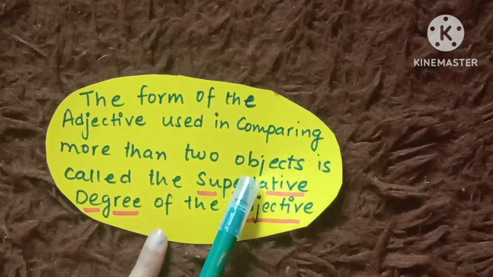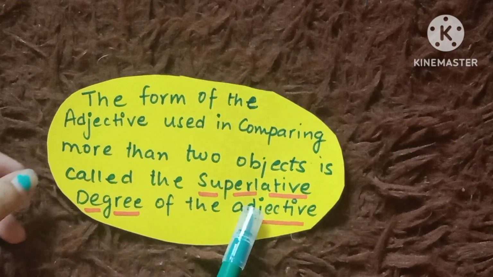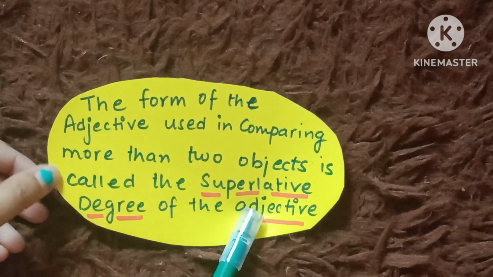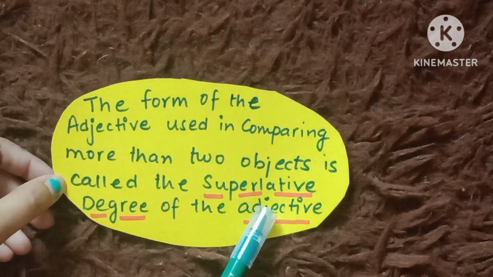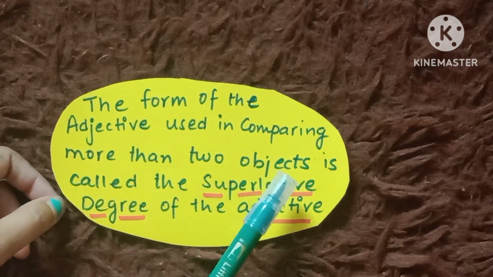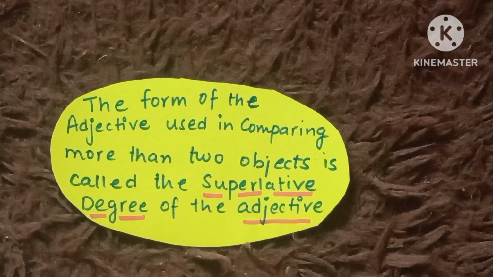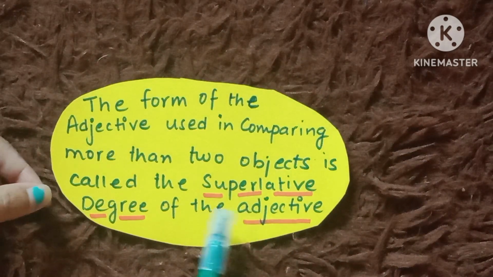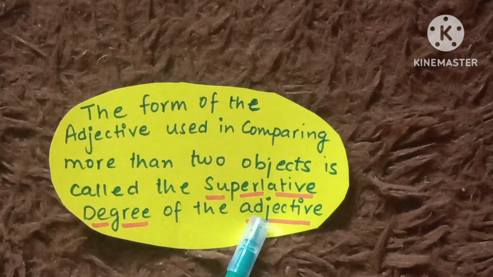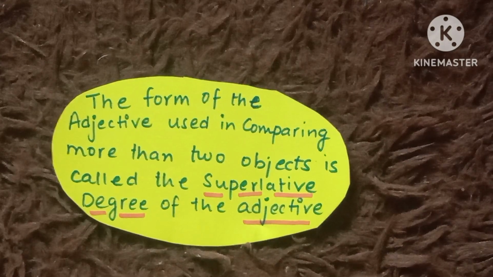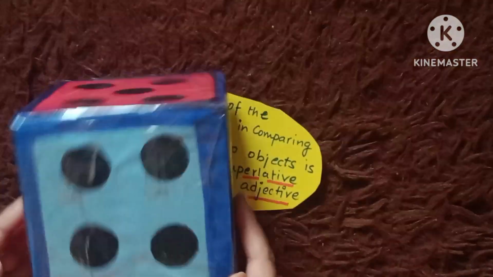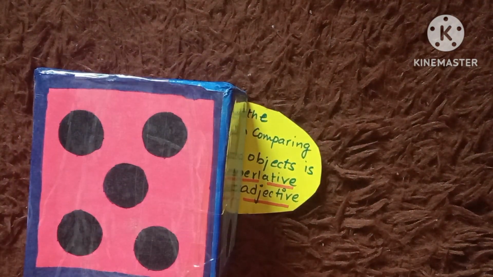So more than two objects is called the superlative degree of adjective. When we want to compare among the entire class or so many people or things, then we use the superlative form of the adjective. Like we have already seen the biggest box. This box is the biggest among all the other boxes kept.